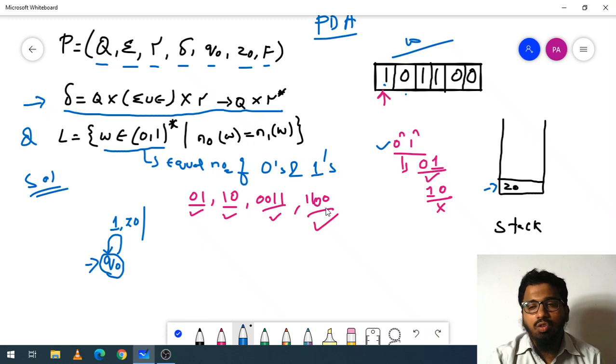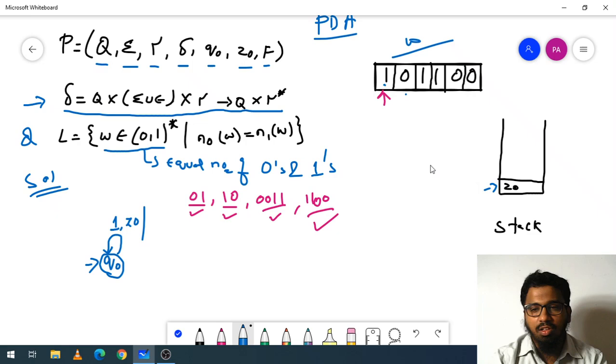So my header is at the first point, and in the stack we have Z0. So what is the rule of the PDA? Like I showed you step 1, step 2, I will show the same thing today also. I will erase this.